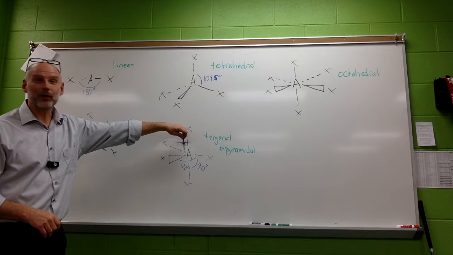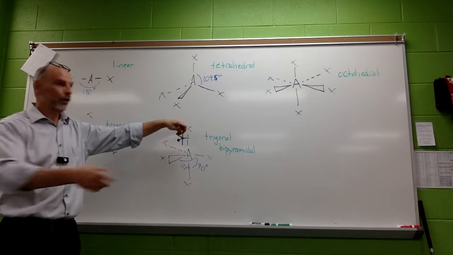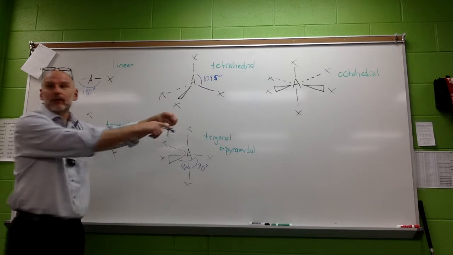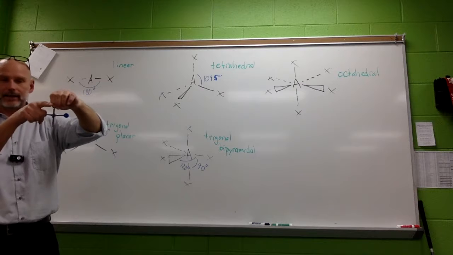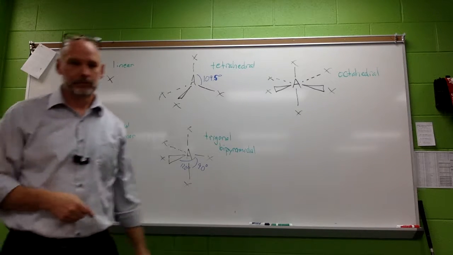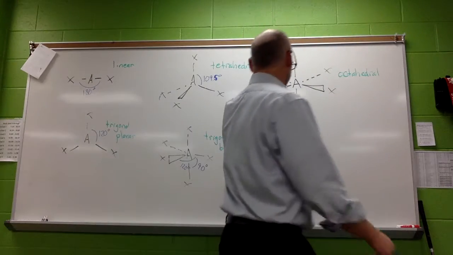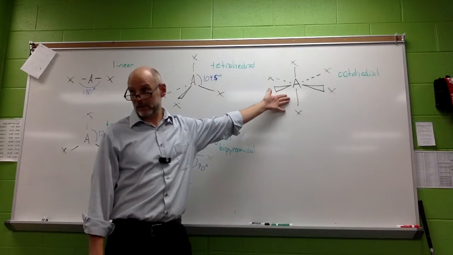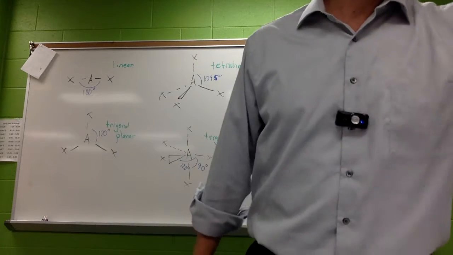So all the equatorial positions are going to be 120, whereas all the axial relative to the equatorial positions are going to be 90. They have to be 90. And then, lastly, what's the only thing any of these can be? 90.